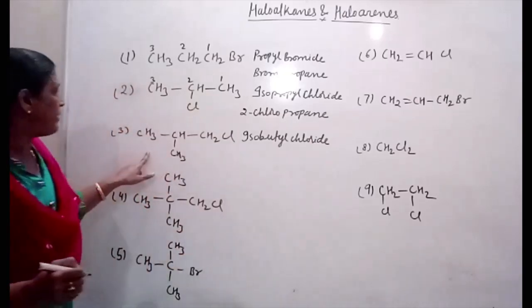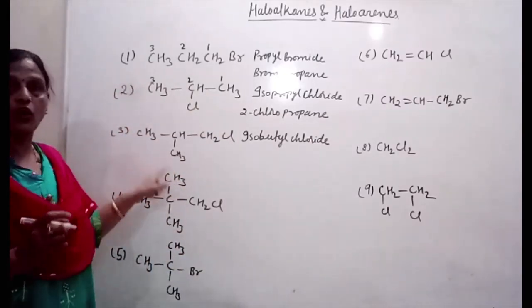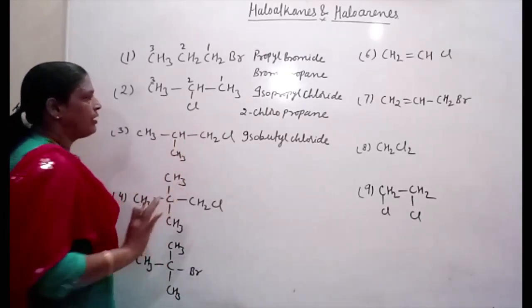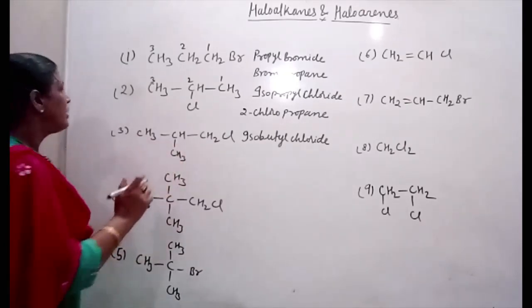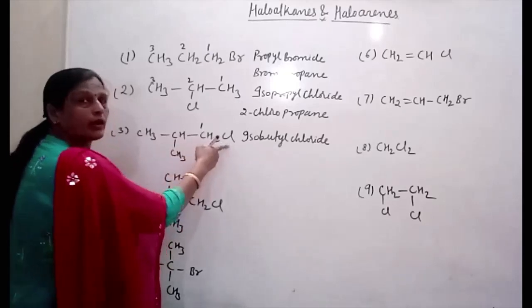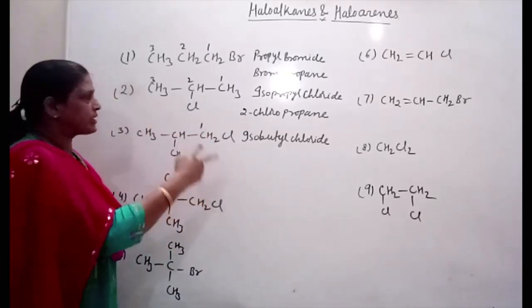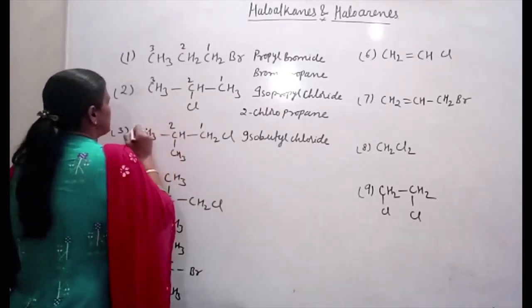Its IUPAC name: first of all, identify the longest parent chain, 1, 2, 3. Here the longest parent chain contains 3 carbon atoms. Numbering is given from here because the carbon atom to which the chlorine atom is attached gets the lowest number.